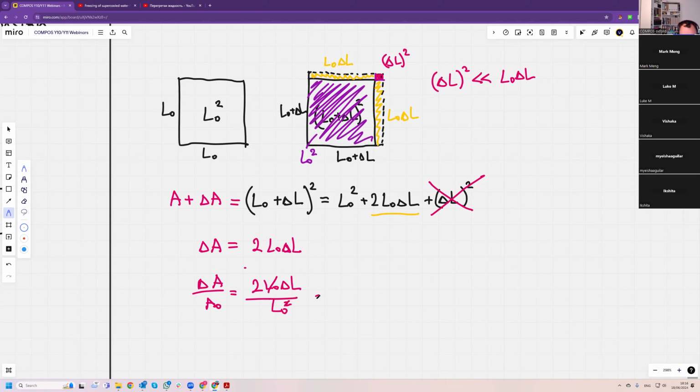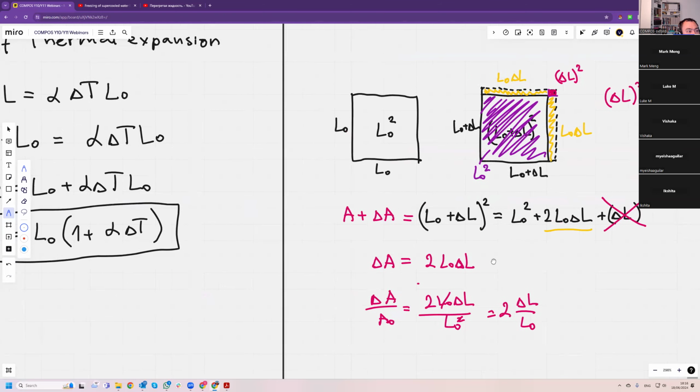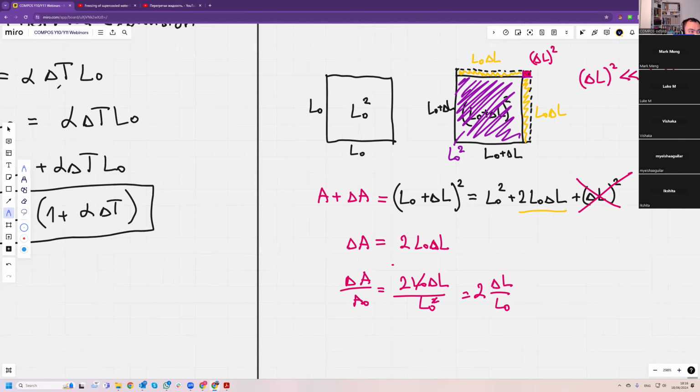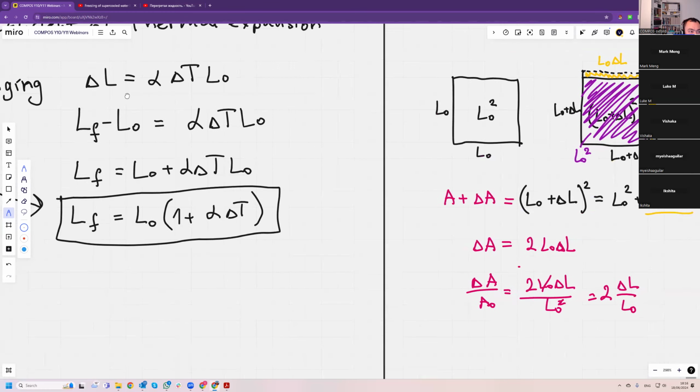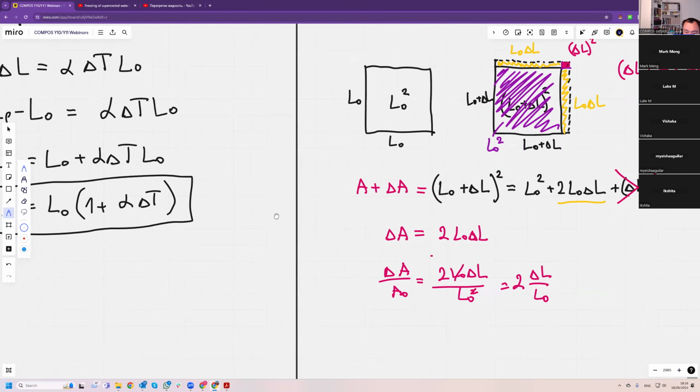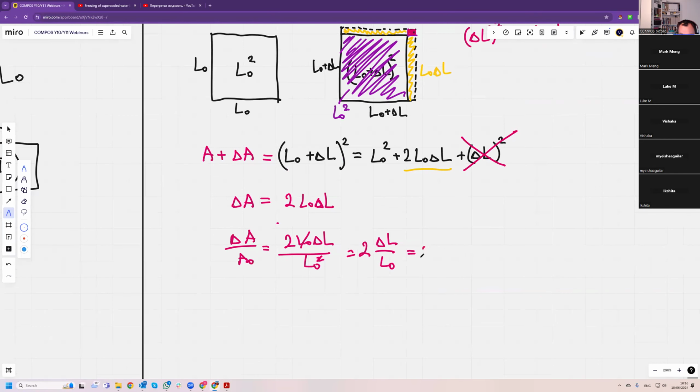L0 cancels, and we are left with 2 delta L over L0, which is, by definition, 2 times alpha delta T.